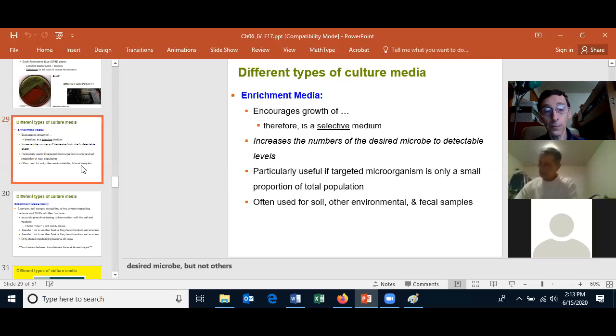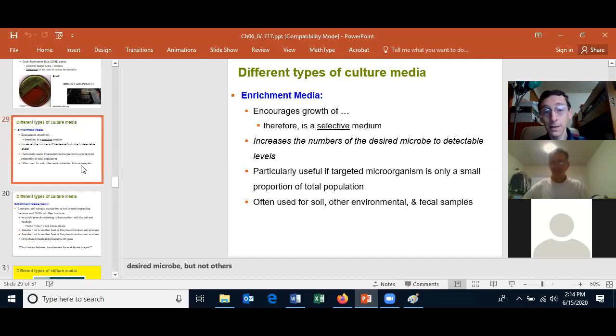So if you're looking for something causing a patient to be sick, like they have gastrointestinal distress, the normal human microbiota will be so many different species, and the pathogen causing the illness could be so low that if we were to just plate it out and streak for isolated colonies, you might not ever find the pathogen.